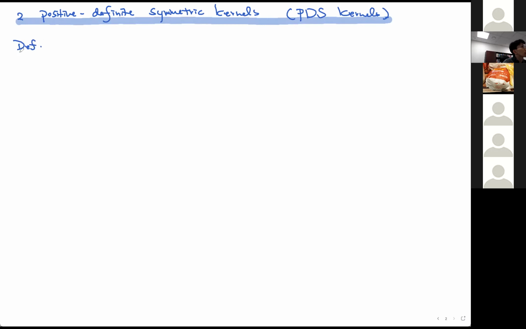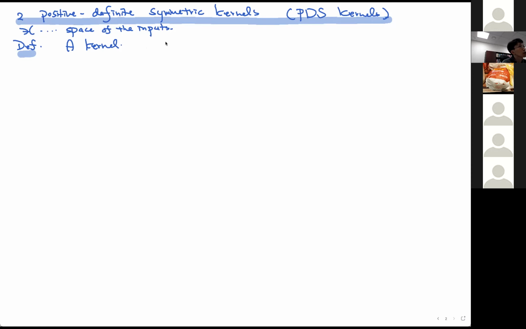By the way, we just assume there is an input space X, the space of the inputs. Typically, it's a subset of Euclidean space, like R^n, but it can be anything. It doesn't really matter.